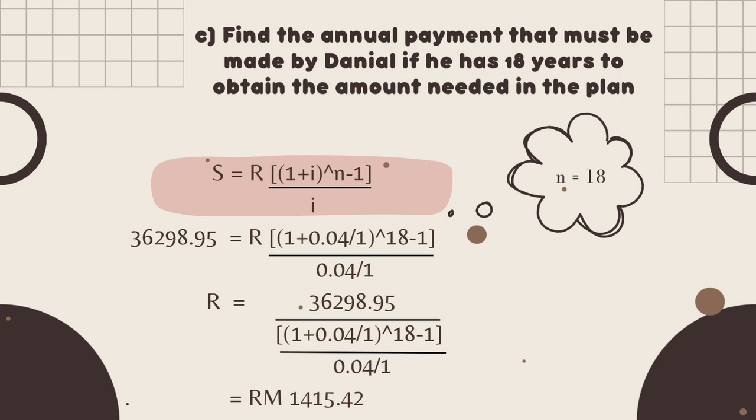R equals 36,298 ringgit 95 cents divided by (((1 plus 0.04 over 1) to the power of 18 minus 1) divided by 0.04 over 1), and the final answer is 1,415 ringgit and 42 cents.